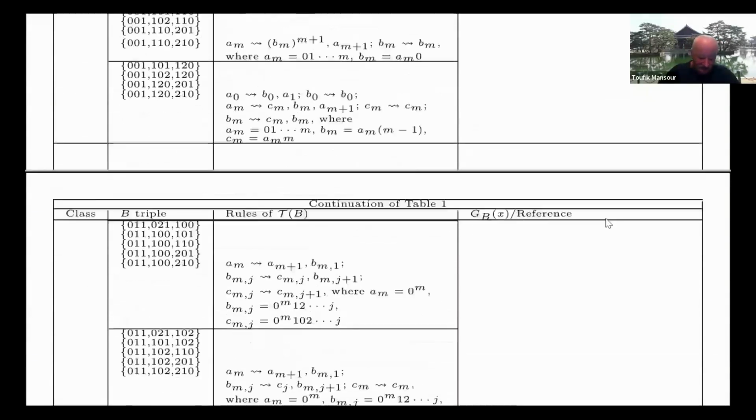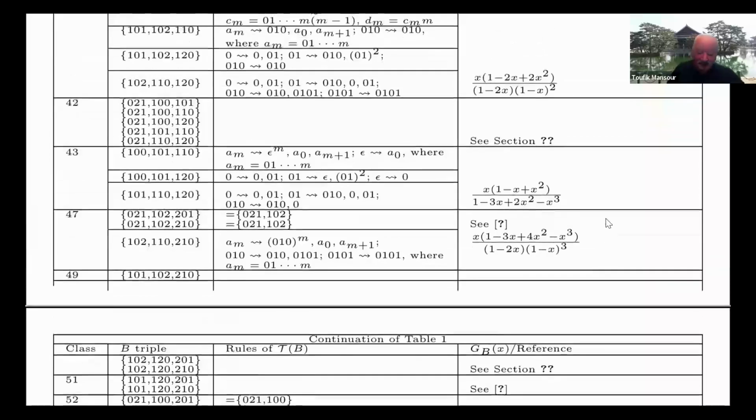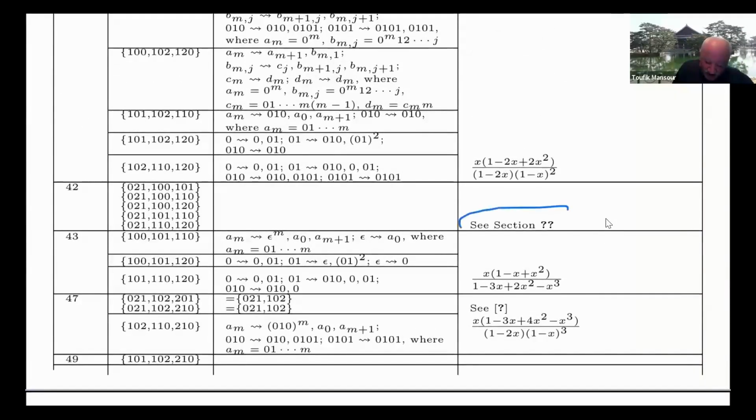I will not, of course, go through each one, but sometimes I use C section. That means my program failed. I wasn't successful in guessing the rules. So in this case, I need another combinatorial trick to prove they are the same.